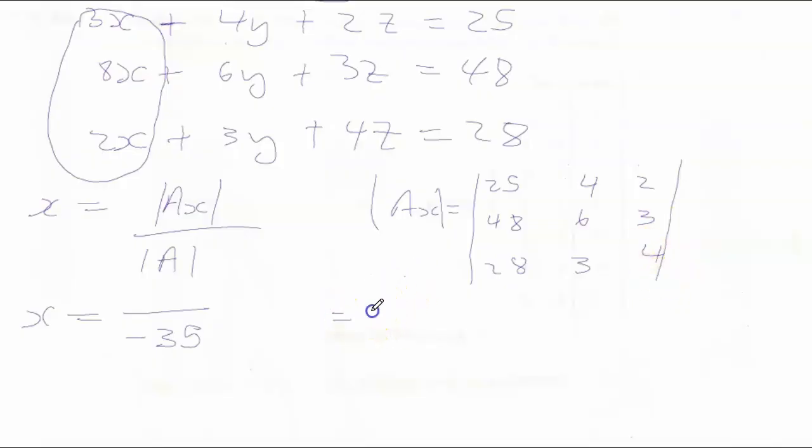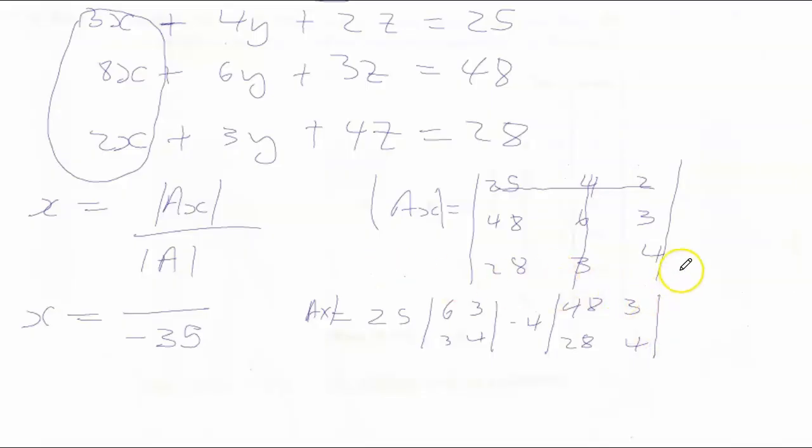Alright, so 25, and the cofactor of 25, again, you cross out all the values in the row and the column, you're left with 6, 3, 3, 4. Change sign, so minus 4, the cofactor of 4 will be, cross out the row and column, so we're left with 48, 3, 28, 4.